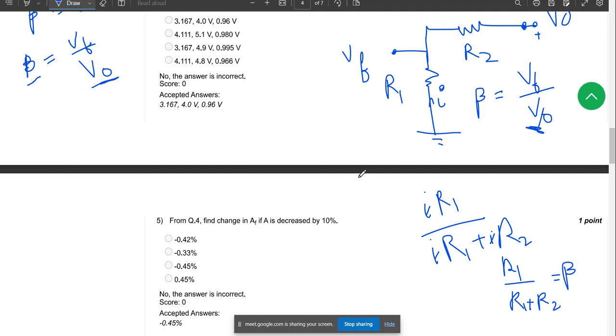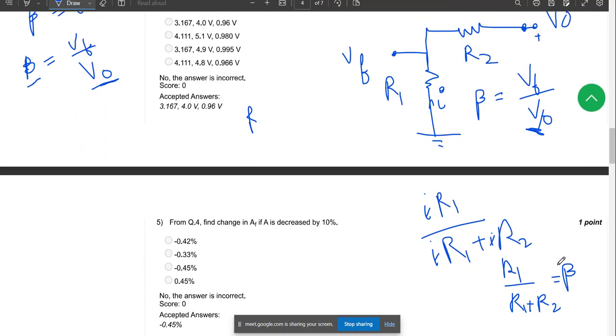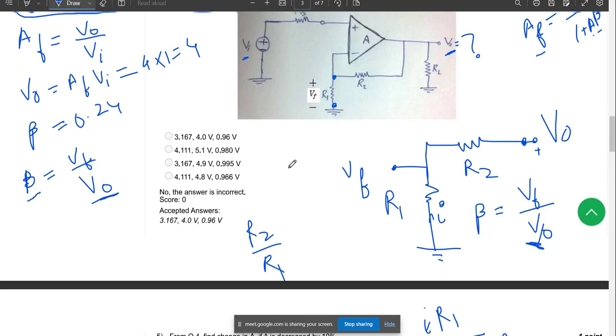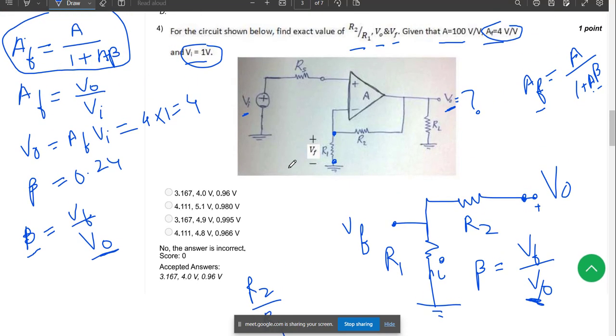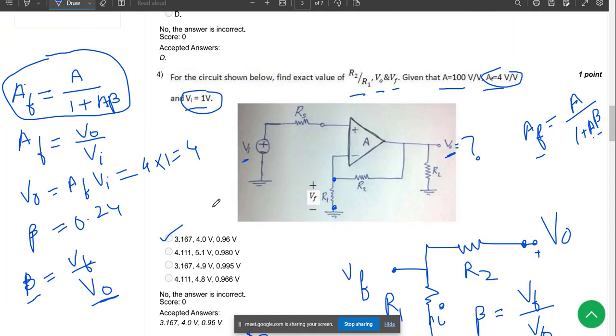Now from here, can we find out the value of R2 by R1? We know the value of beta. Can we put it here and find out R2 by R1? It's simple calculations. Yes, we can find out the value of R2 by R1. So it will be around 3.167 for R2 by R1. VO will be equal to 4 volts and VF will be equal to 0.96. Any doubt here? No, ma'am. Okay, great.